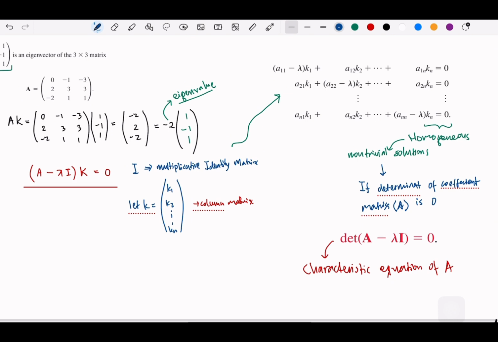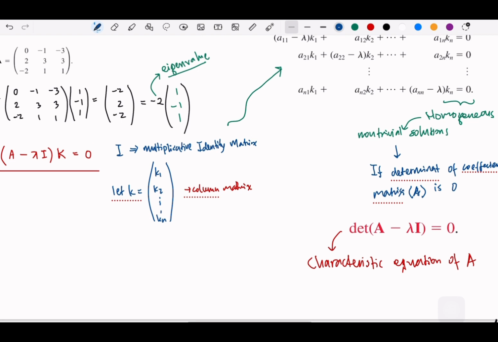So you can also say from these characteristic equations that the eigenvalues of A are roots of the characteristic equation.